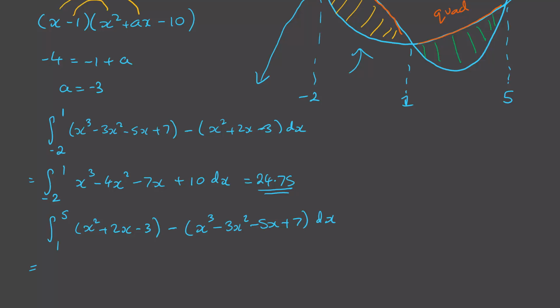What I'm going to do to save myself time is change the limits over. And then I know from my properties that that will be the negative, which means I can just switch these back around, which means I've got this same function again here. So x cubed minus 4x squared minus 7x plus 10.